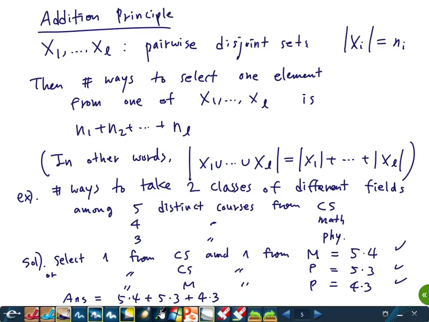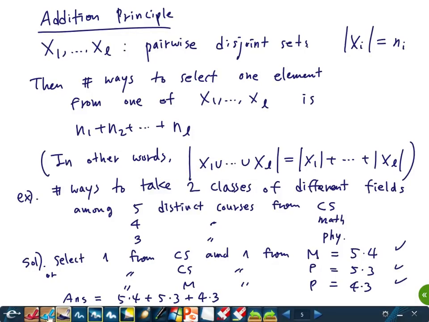Okay. So these are very fundamental principles, so we will use them very often. But they are very simple, so it's easy to remember. In this section, we will learn several principles to count things. This addition principle allows us to compute the cardinality of the union of several sets.